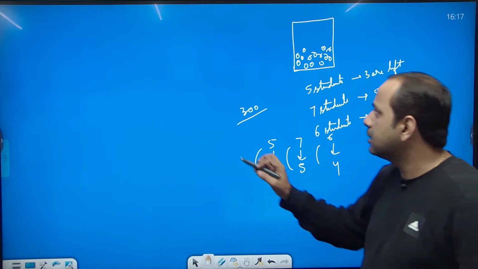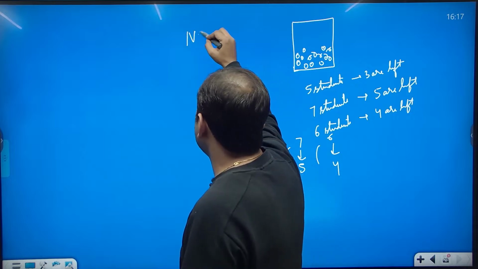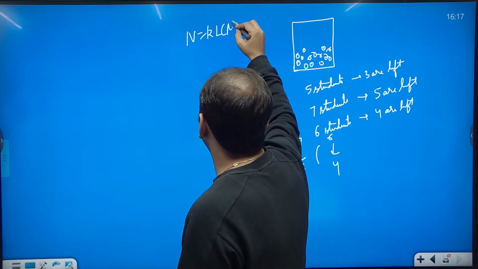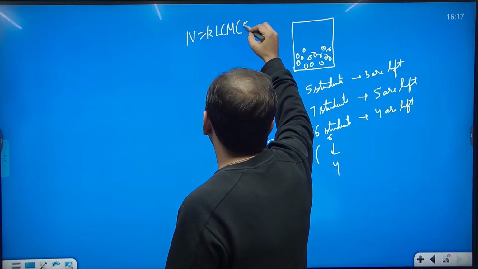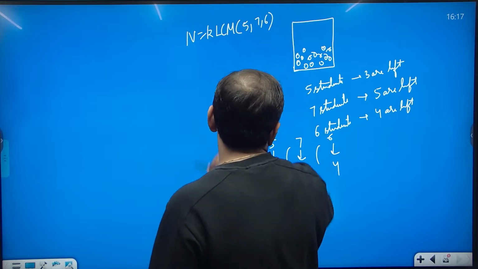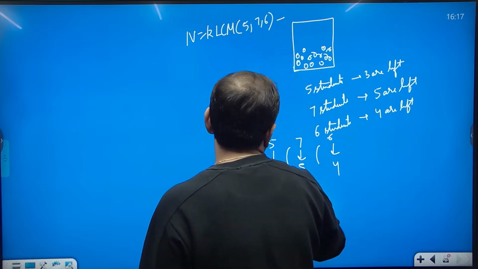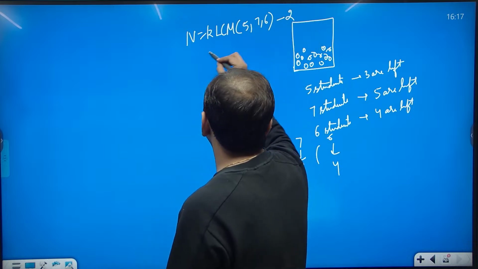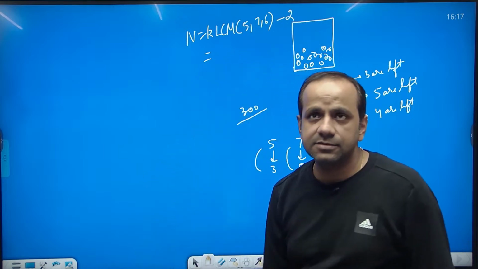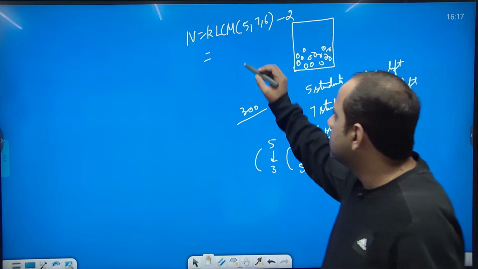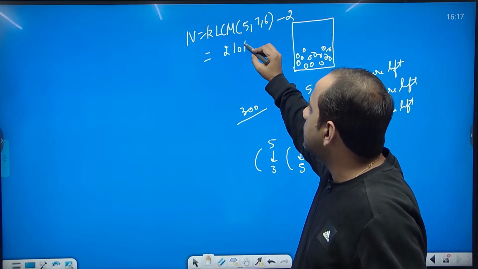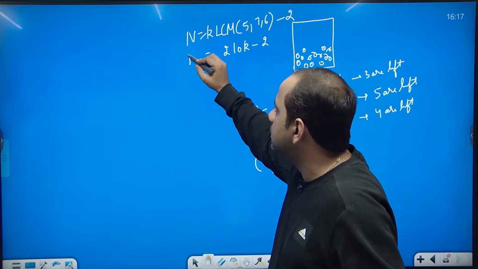so that means number will be of the form k into LCM of 5, 7 and 6 minus that particular difference, that is 2. LCM of 5, 7 and 6 is 210. So 210k minus 2, this is the number.